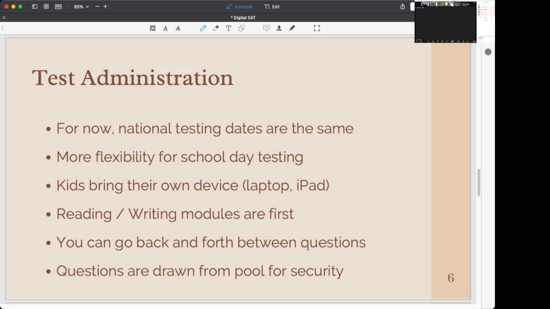When you're taking the test, the nice thing is you can go back and forth between questions. You can annotate the test and highlight parts of it in the verbal section. There's also a question eliminator, so you can cross off answer choices that you think are wrong so they don't distract you anymore.